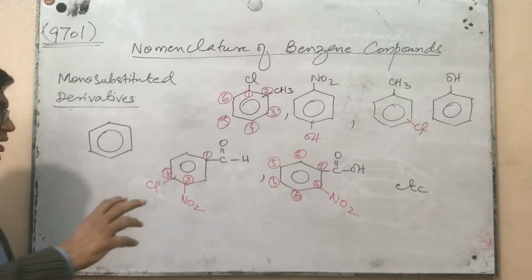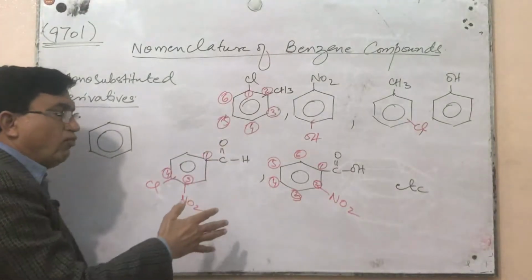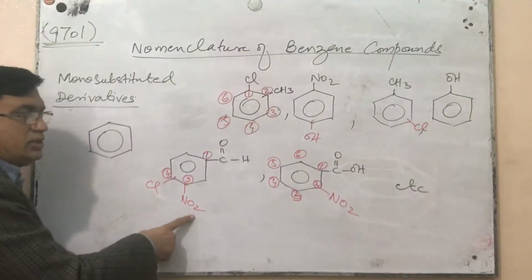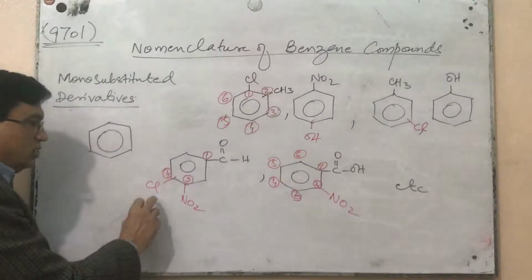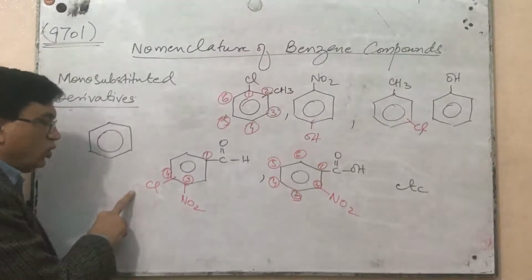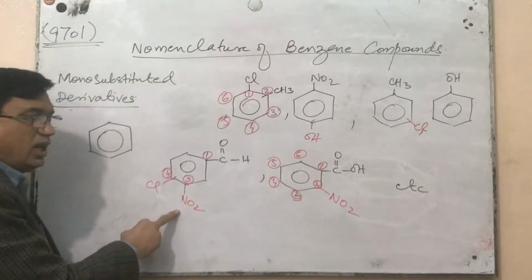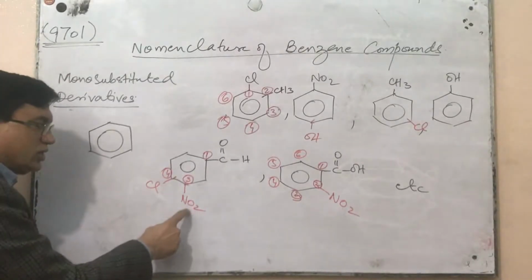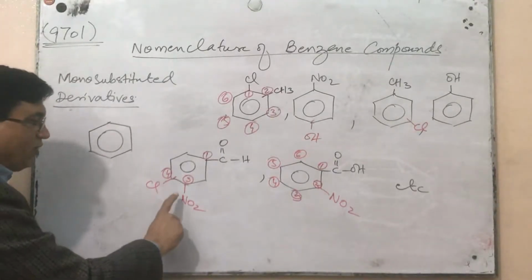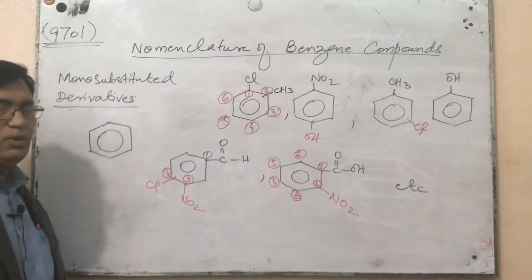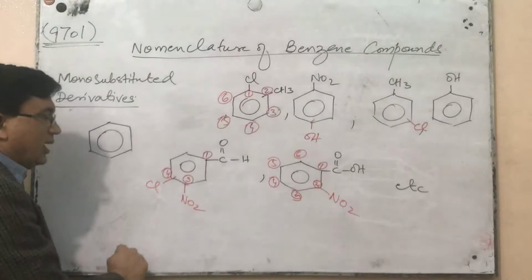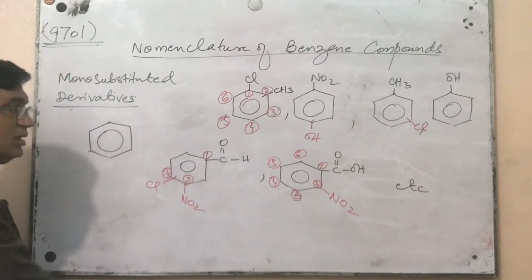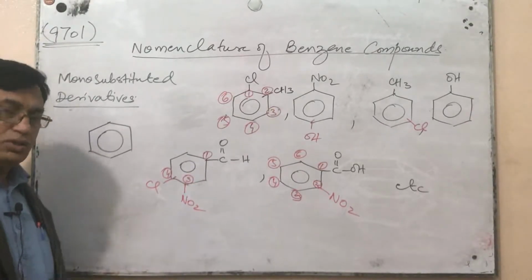But when we have to write down the name, we have to follow the alphabetical order of the substituents. Now, C for chloro comes first, then N for nitro. That's why we will mention chloro first, then nitro, in spite of the fact that the number of the carbon atom to which nitro is attached is 3, and the number of the carbon atom to which chloro is attached is 4. We will not consider the numbering, whether the number is larger or smaller.